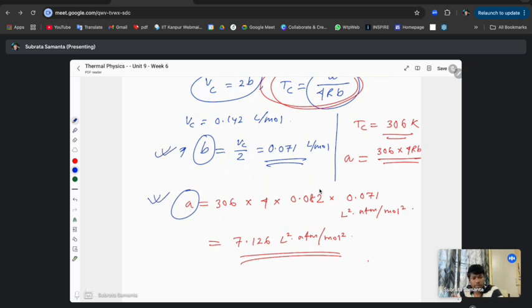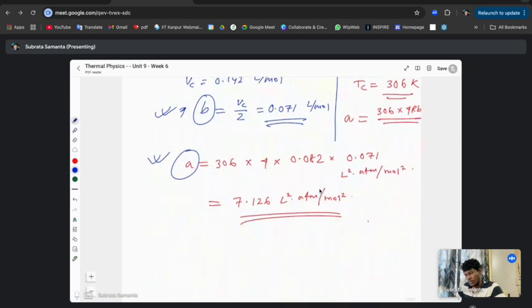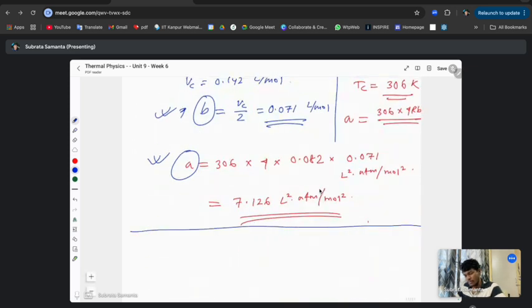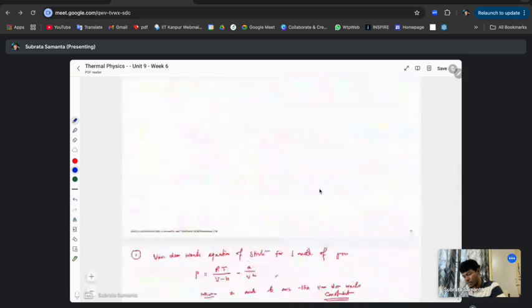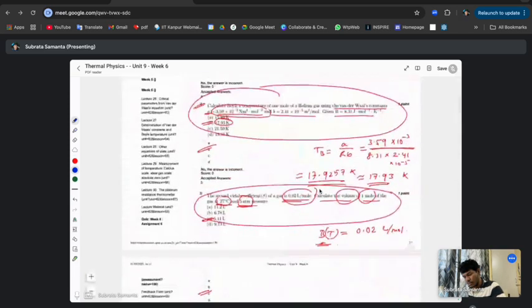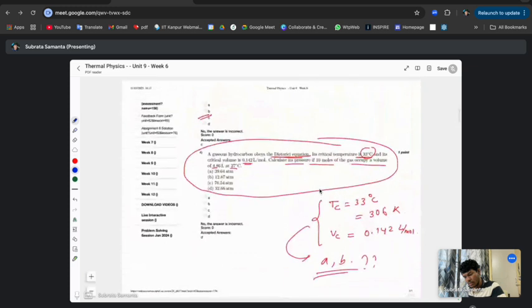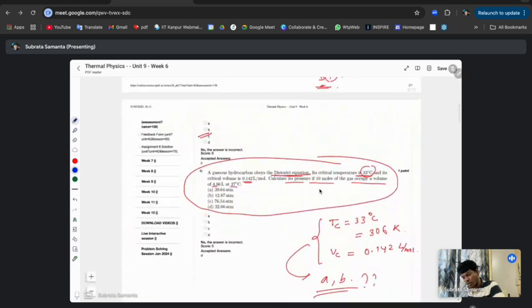So once you know the values of a and b, we can calculate the pressure. So how to calculate the pressure? For which mole? Yes, for 10 moles of gas occupying volume 4.86 liters at temperature 27 degrees centigrade, which means 300 Kelvin.